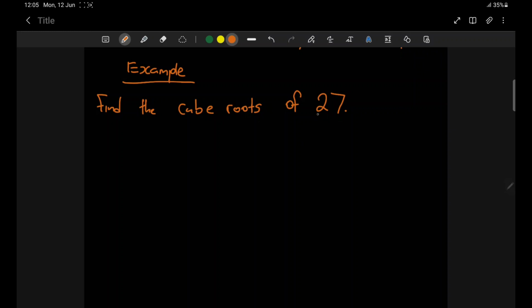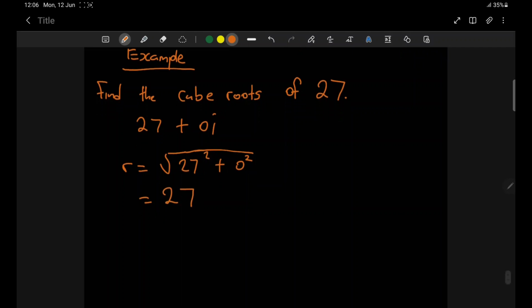Writing this in polar form, remember this expression can be viewed as 27 plus 0i. So finding our r, the square root of x squared plus y squared, is the square root of 27 squared plus 0 squared. So the square root will cancel with the square.